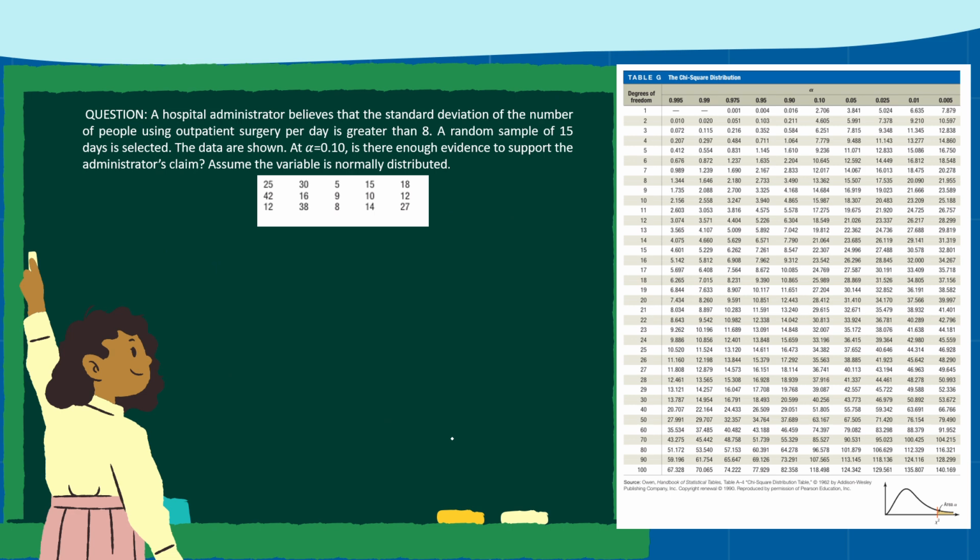A hospital administrator believes that the standard deviation of the number of people using outpatient surgery per day is greater than 8. A random sample of 15 days is selected. The data are shown here. At alpha 0.10, is there enough evidence to support the administrator's claim? Assume that the variable is normally distributed.